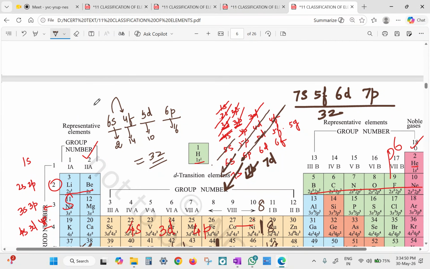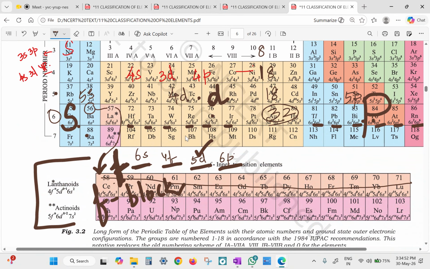So the 7th period will also have totally 32 elements.